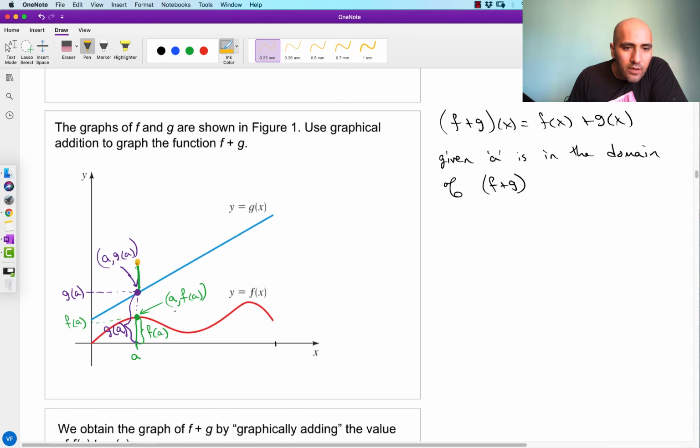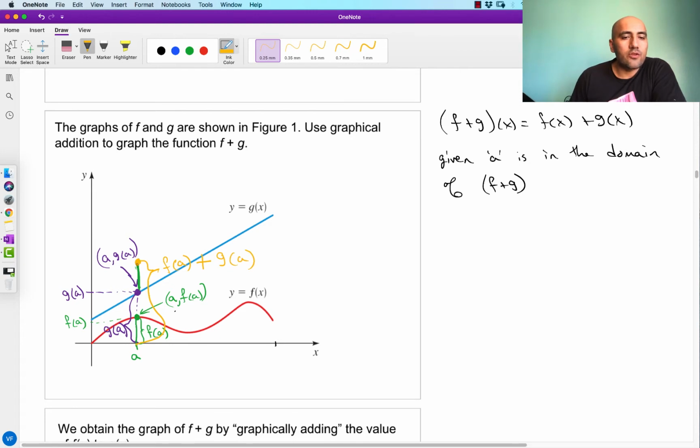This would be the new height, which would include both the f of a, which is that green part, plus the g of a, which is the purple part. Right?